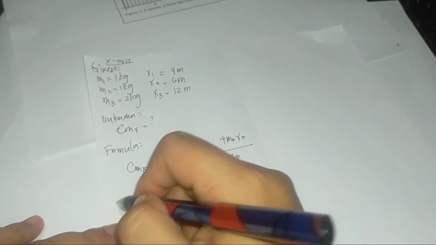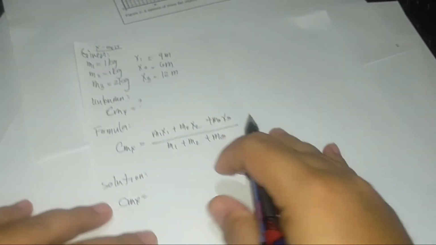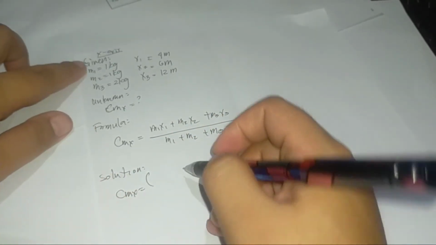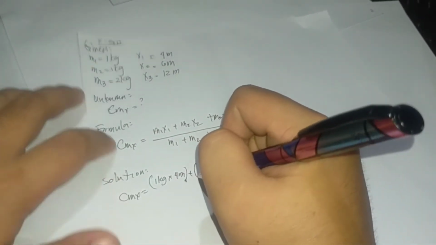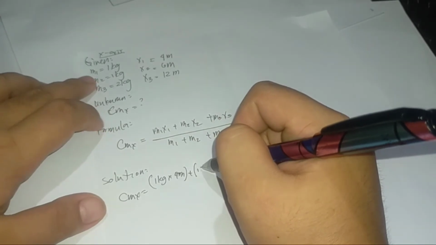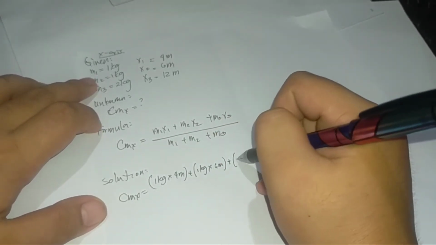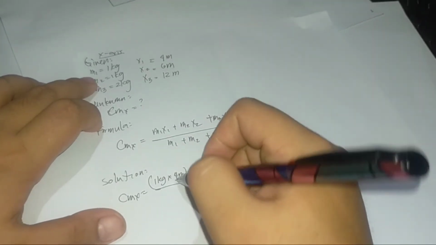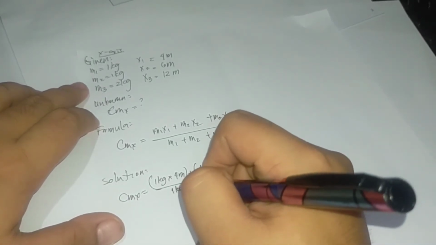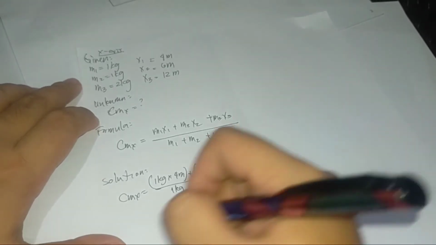Okay, then for our solution, just substitute the values. So m1 is 1 kilogram, so 1 kilogram times 4 meter plus again 1 kilogram times 6 meter plus 2 kilogram times 12 meter divided by 1 kilogram plus 1 kilogram plus 2 kilogram.